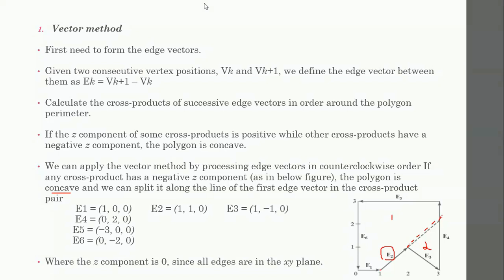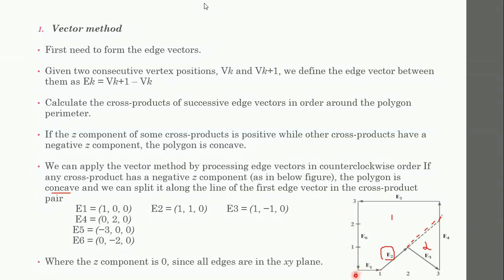Let me take an example and write the vector form here. The edge vector e1 is 1, 0, 0. How do you write it? See here, we have the units 0, 1, 2, 3 along the x axis, and along the y axis also 0, 1, 2, 3.